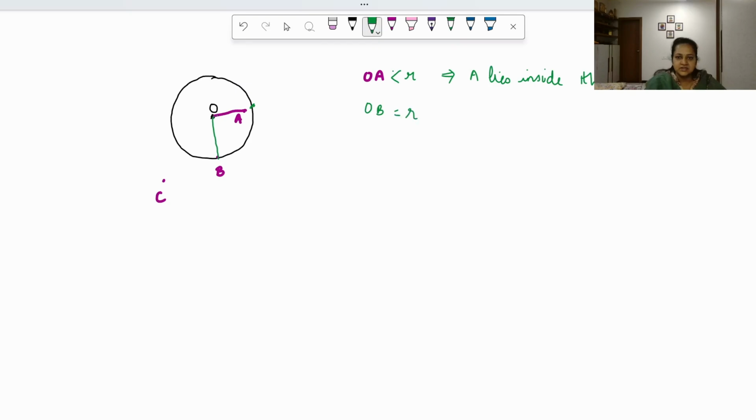That means it is a radius, so we say that B lies on the circle. And in the third case, OC is greater than the radius. The radius is only till here, but it is going beyond, so it is definitely greater than the radius. Because it is greater than the radius, we say that C lies outside the circle.